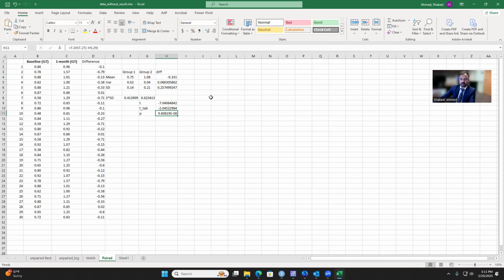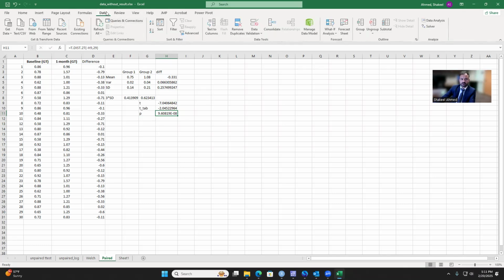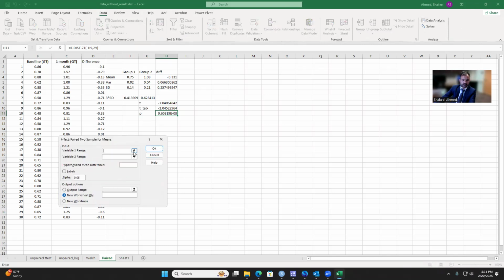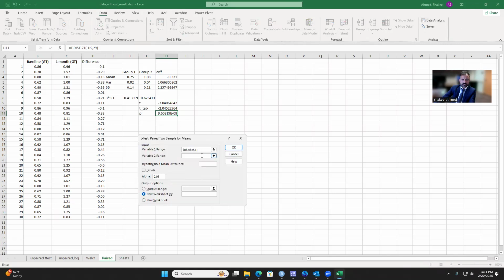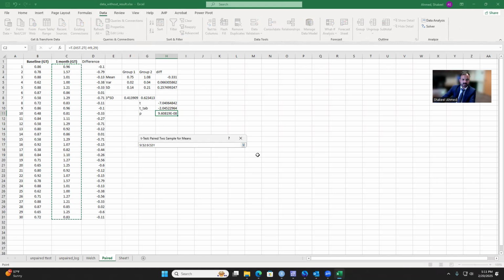And we can find the results using the direct command. Go to Data, and then the Data Analysis tool, and then select the paired sample t-test. In this case you need to select the first sample, and then you need to select the second sample, and then set alpha at 0.05.